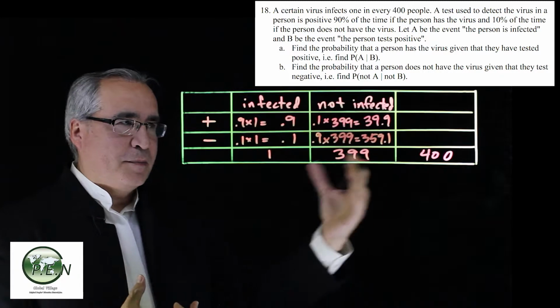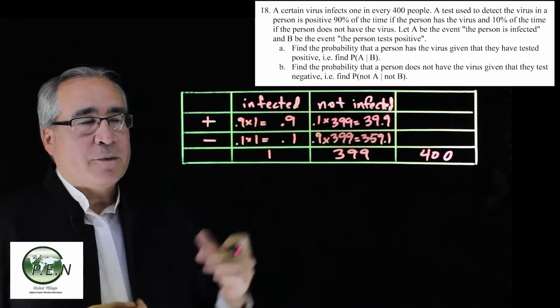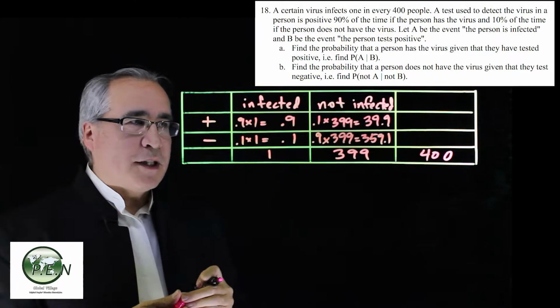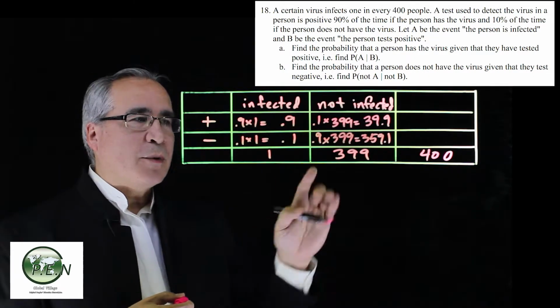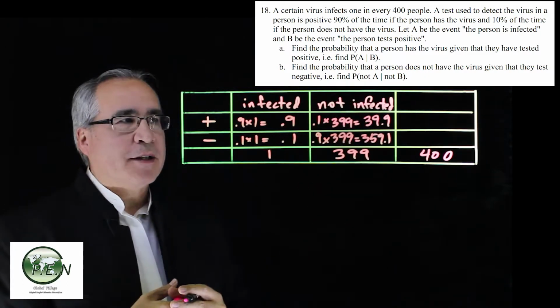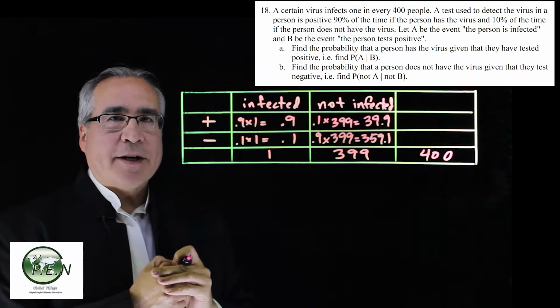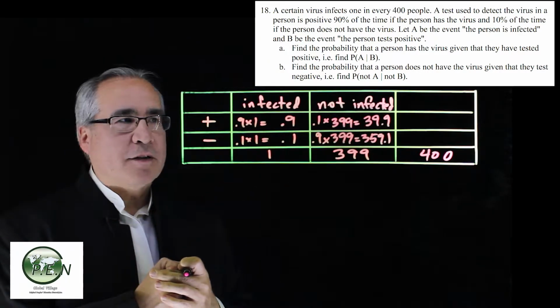These are strange numbers to work with. They're not whole people, but what you're going to see is the numbers will work out and we'll get correct percentages. What we could do is deal with more. We could deal with 4,000 and our numbers might look bigger, better. But I thought it was more intuitive to go with just talking about 400 because that's what the problem talks about.